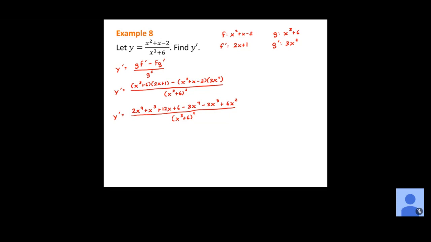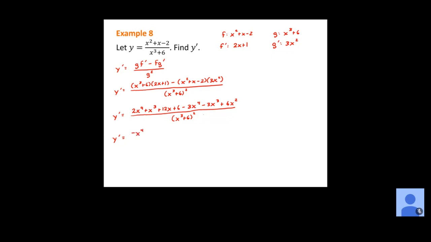All right, so now we just need to combine like terms in our numerator. So if we do that, what are we going to get? All right, so we have a negative x to the fourth.